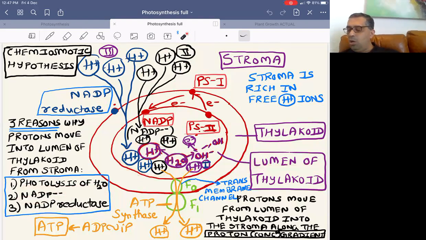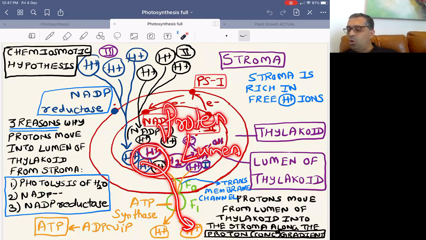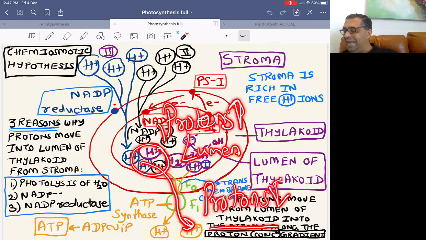And as proton concentration in the lumen increases, protons will move from high concentration back into low concentration along the proton gradient or concentration gradient.